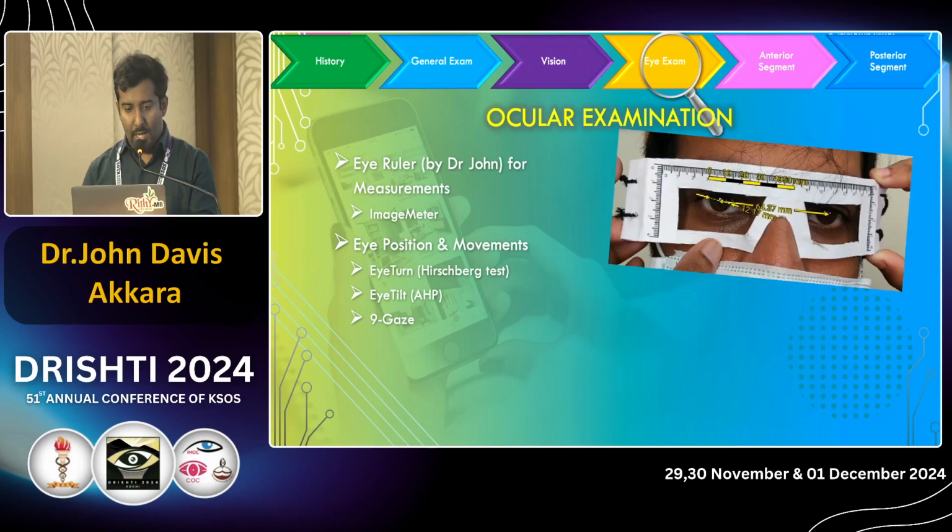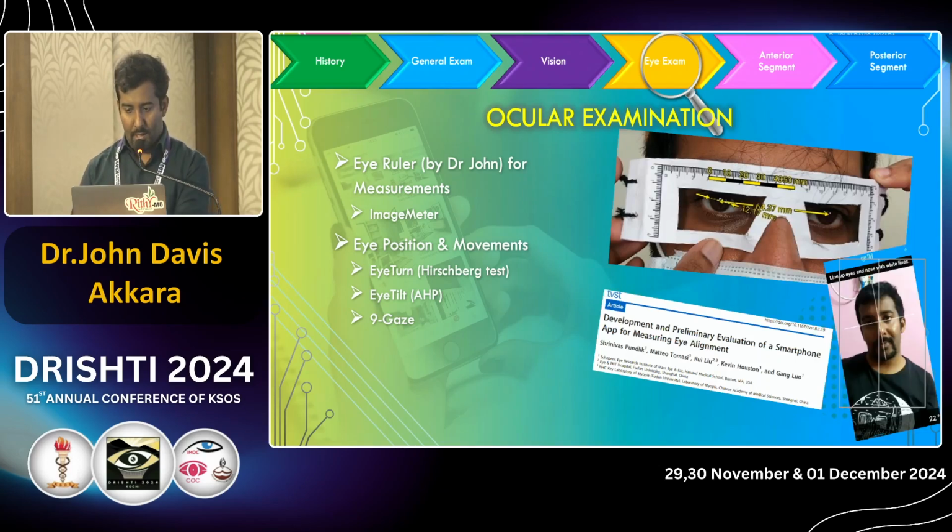So ocular examination, you can do a lot of measurements by using these techniques. So here the measurements can be done with a scale on a chart on a face, and the measurements can be calculated by using Image Meter Pro app.